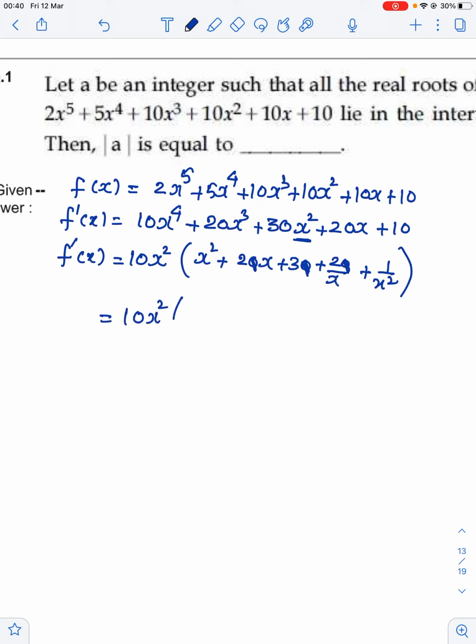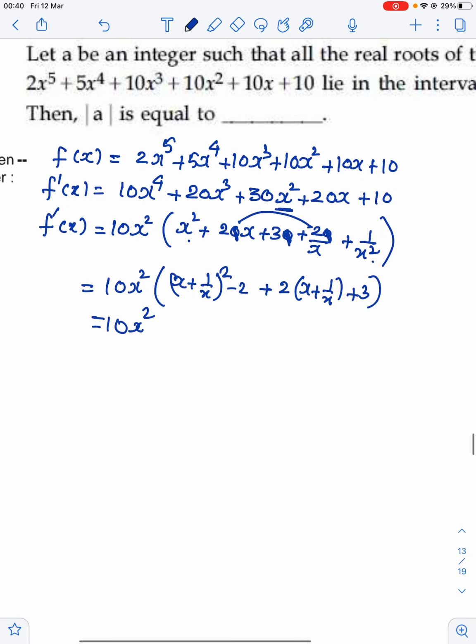So it is 10x square. Now x square written with 1 upon x square gives x plus 1 upon x whole square minus 2. Taking out common x plus 1 upon x and the constant 3, this is 10x square times x plus 1 upon x whole square plus 2 times x plus 1 upon x plus 1.